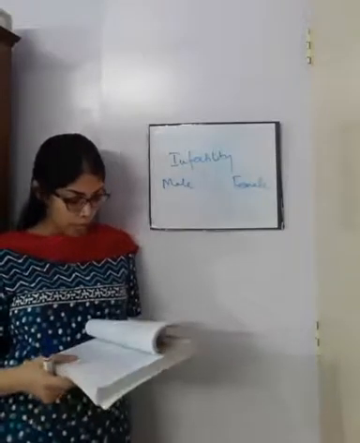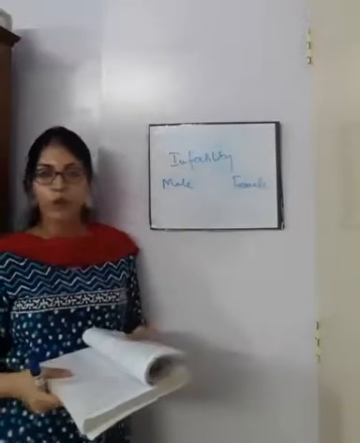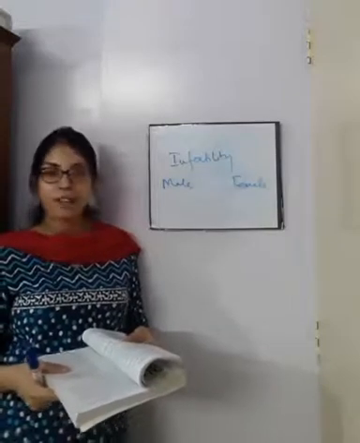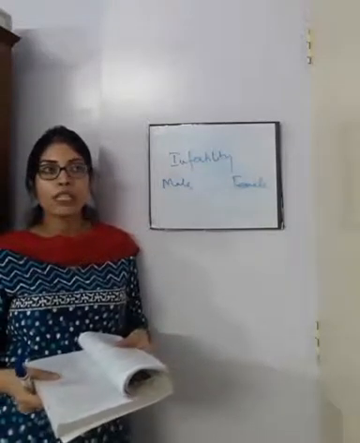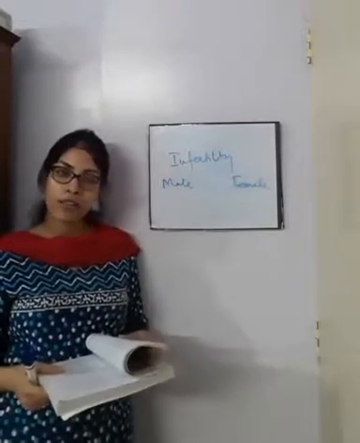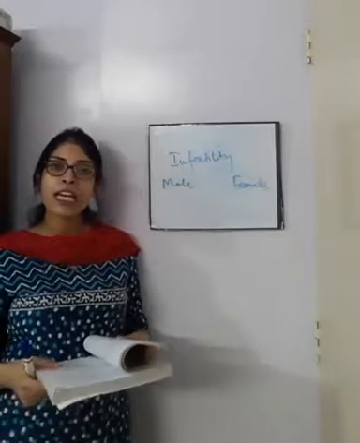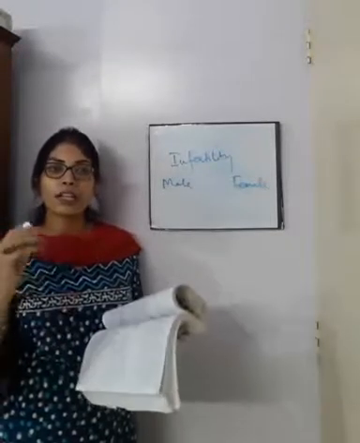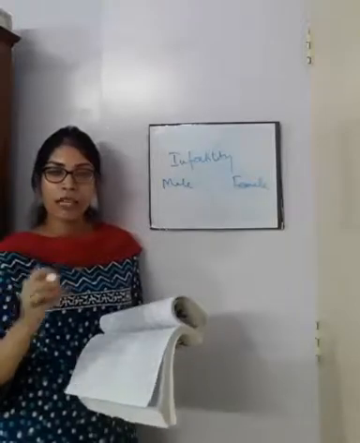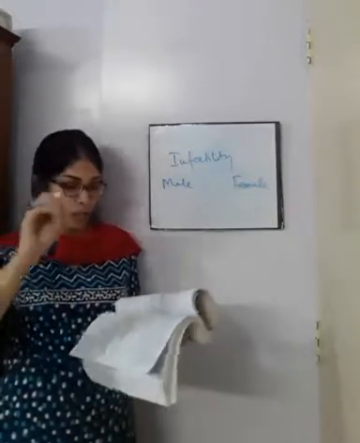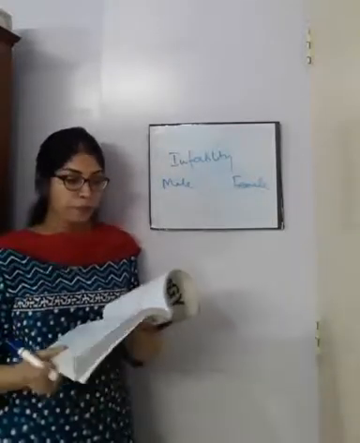Okay, next one is zygote intrafallopian transfer, ZIFT. So zygote is formed after the fertilization of the male and the female gamete. In this case, again, the zygote that is being formed after fertilization is transferred to the fallopian tube.